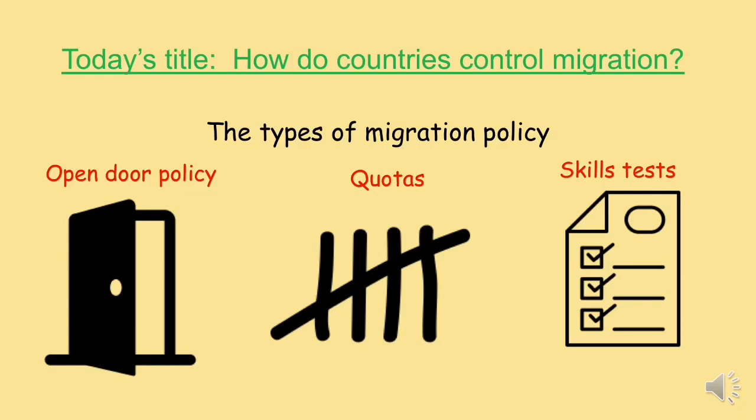Now, to start us off, there are 3 different types of migration policy. Here I'm going to be talking about open door policies, quotas and skills tests. An open door policy allows anyone to come and live in a country. The country will often run campaigns abroad, usually targeting specific groups, to encourage people to go and live in that country.